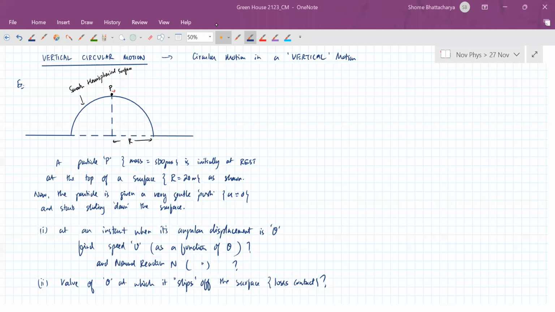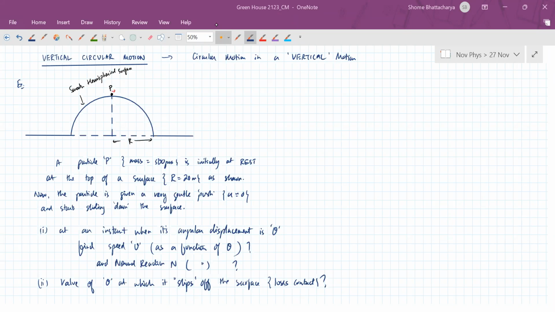So the important thing here is that the surface is smooth. Okay. So that means as the particle is sliding down, there are only two forces acting on it, the weight and the normal contact force. Now, if you think from a work energy point of view, you understand that weight is a conservative force. Okay, so the work done by weight or the change in gravitational potential energy, whichever you take into account, only depends on the vertical displacement.